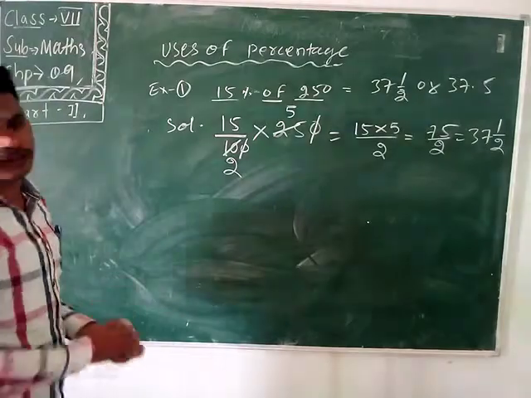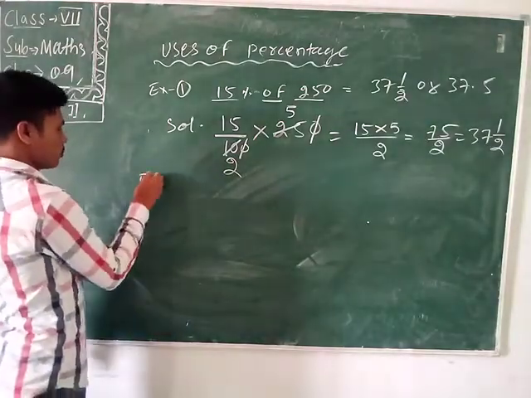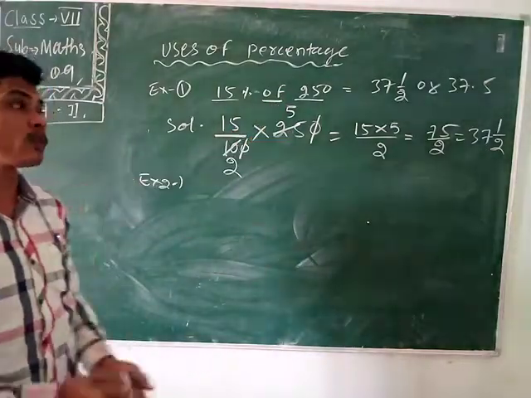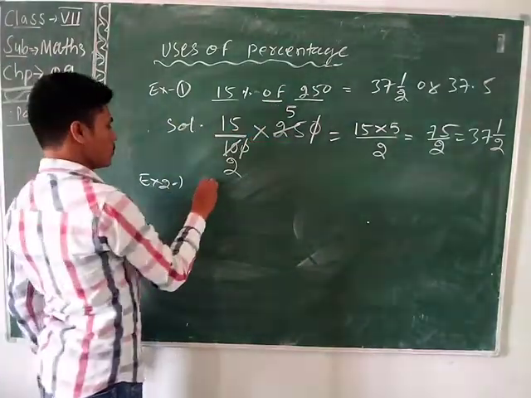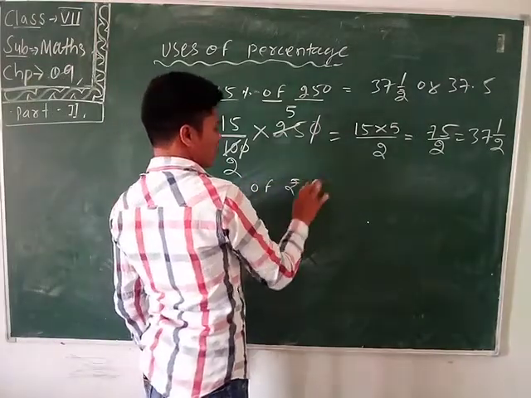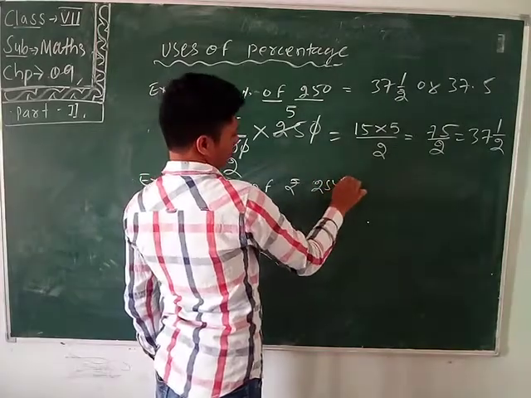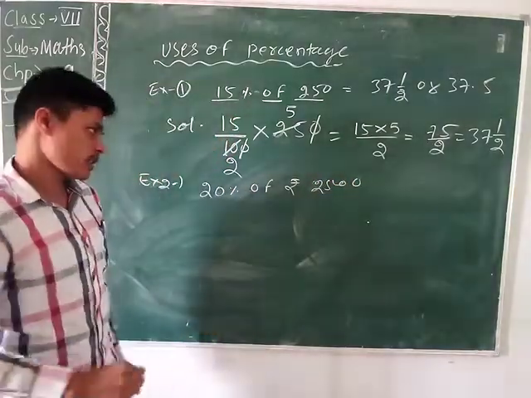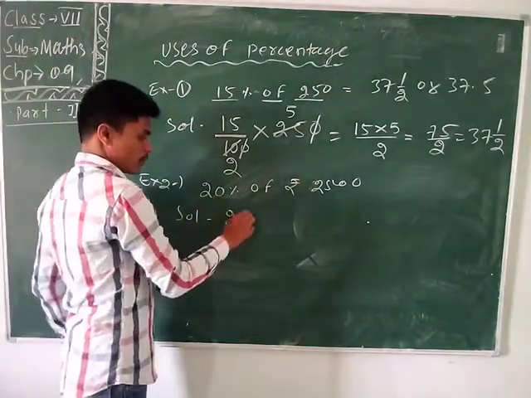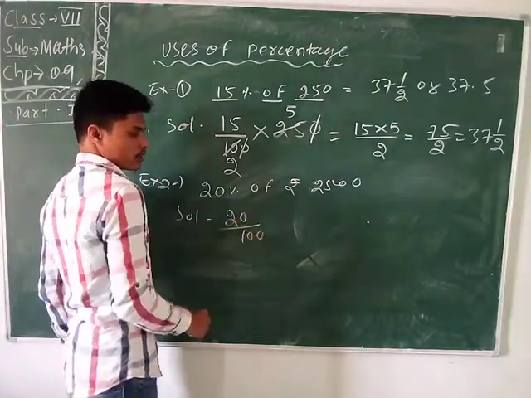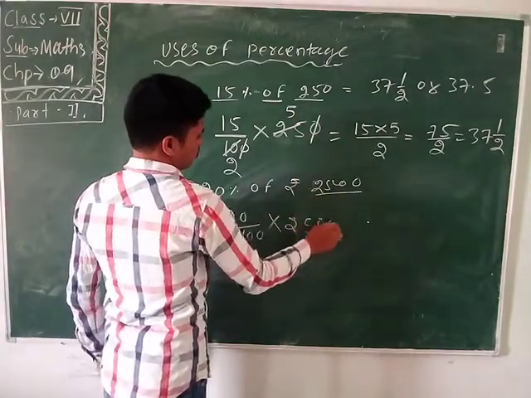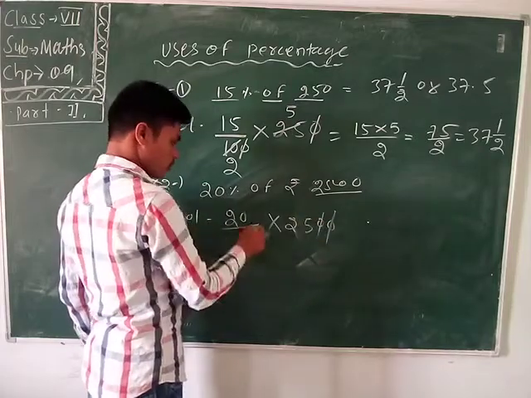Now we find another example, example 2, of the same type. Suppose 20% of rupees 2500. The solution: 20% means 20 by 100, and "of" means multiply by 2500. The zeros cancel.